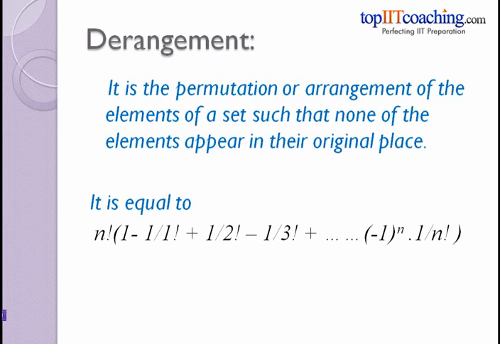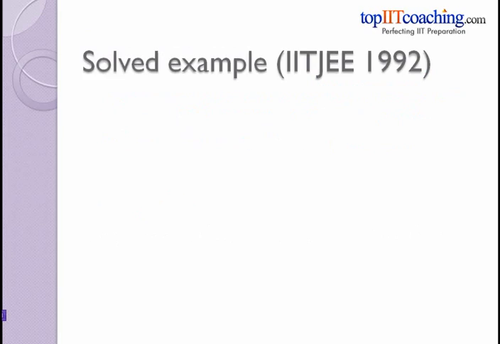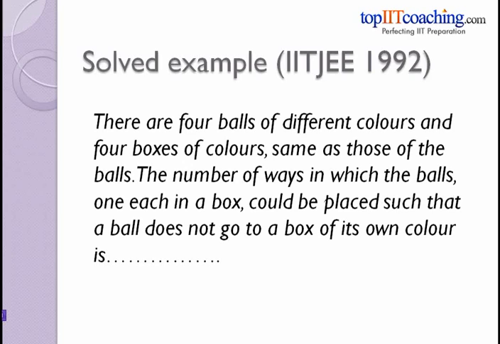Now let us try to see an example to understand what derangement exactly is. This is a solved example that appeared in IIT JEE 1992 and states that there are 4 balls of different colors and 4 boxes of colors same as those of the balls. Find the number of ways in which the balls can be placed in the boxes such that no ball goes to the box of its own color.